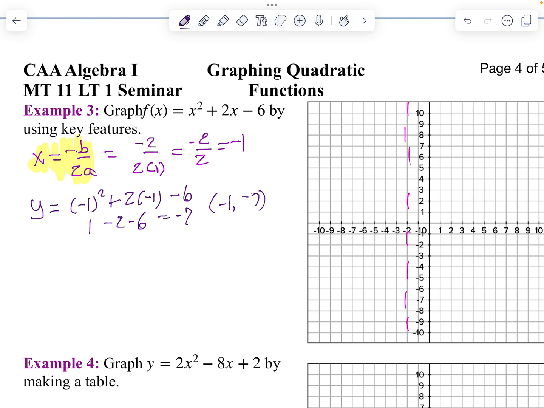So I'm going to go to the left one, and I'm going to go down 7. My y-intercept, that's my c value, isn't it? Because I make x 0, so my y-intercept is at negative 6.